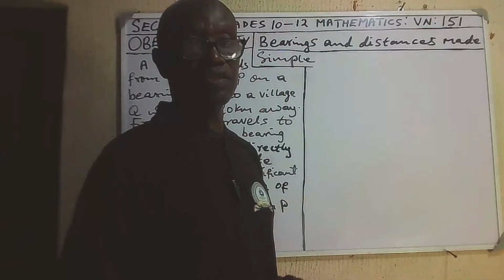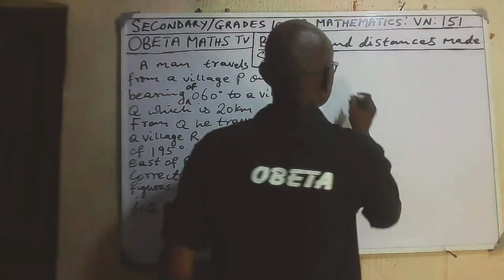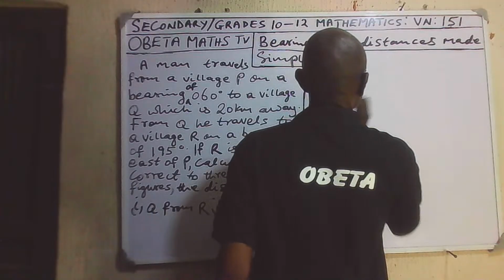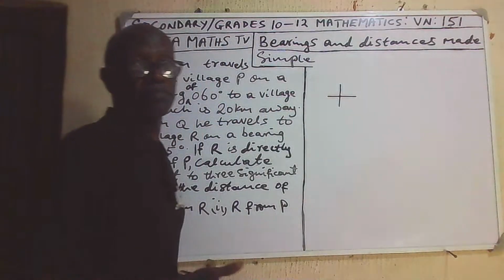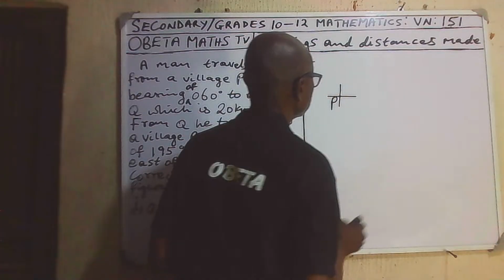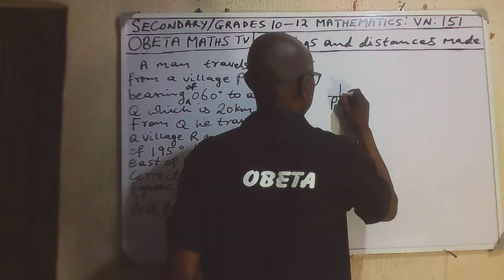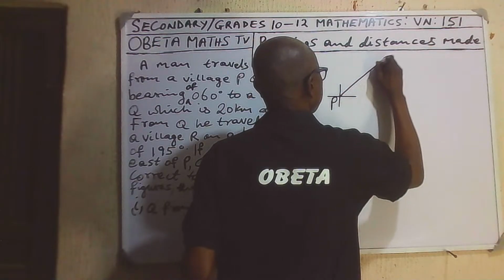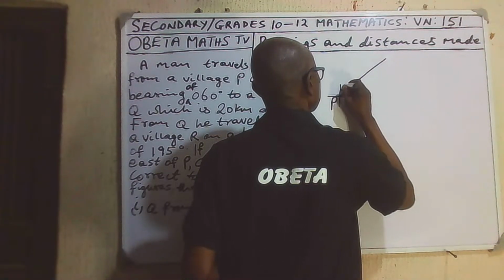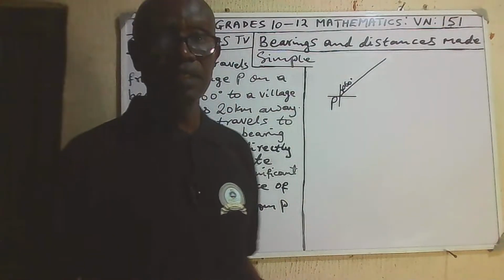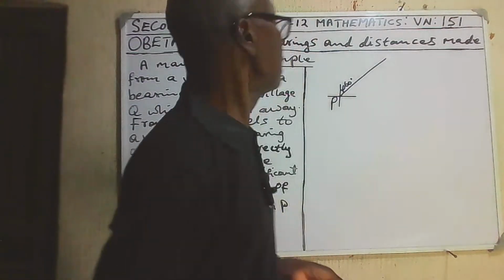The first thing is to draw. So our starting point as usual is P, and then we are taking off here. So we have located 60 degrees.